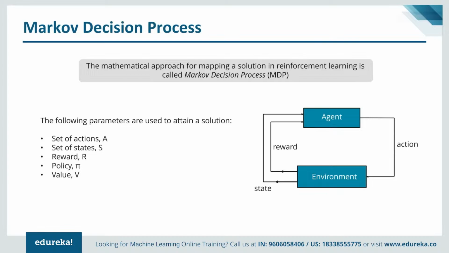To sum it up, the agent must take an action A to transition from a start state to the end state S. While doing so, the agent will receive a reward R for each action that he takes. A series of actions taken by the agent defines the policy, or it defines the approach.